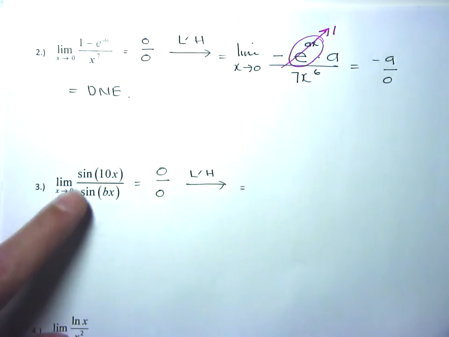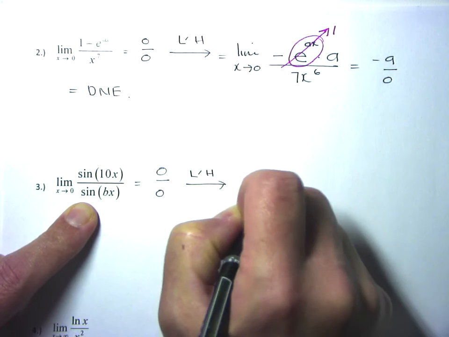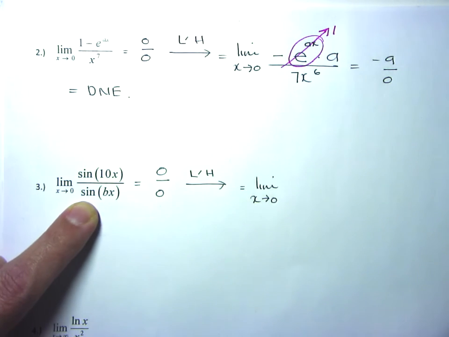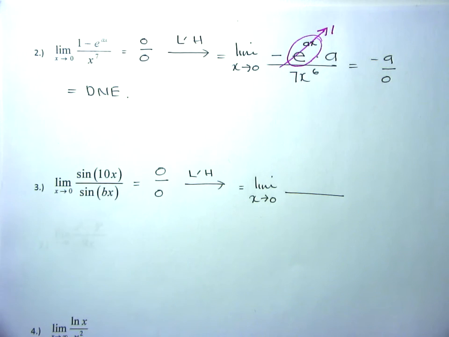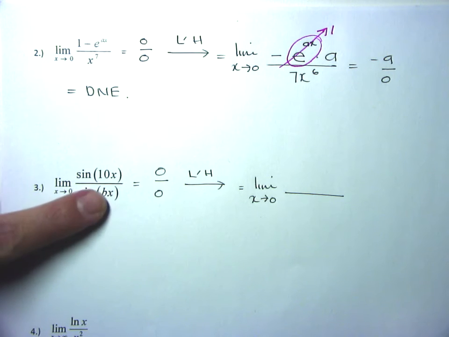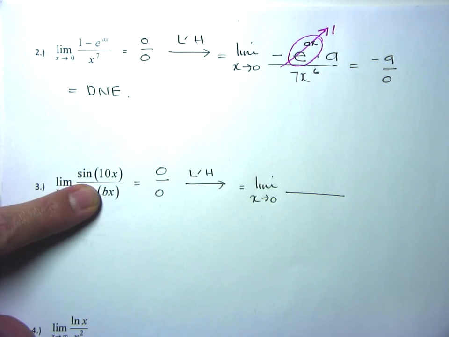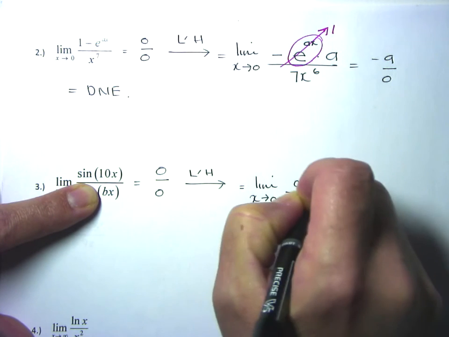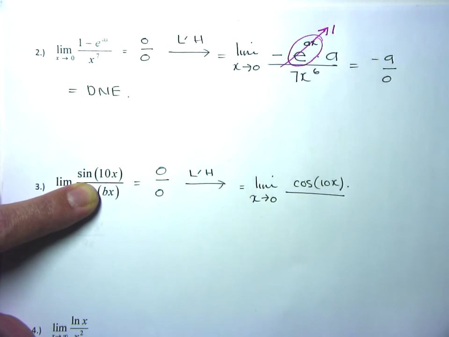All right, so the original limit then is equivalent to the limit as x approaches 0. All right, so let's take the derivative in the numerator. The derivative of sine evaluated at 10 times x. This is a composite function. Outside function is sine, and the derivative of sine is equal to cosine. So that'll be cosine, leave the inside alone, 10x, times derivative of the inside.